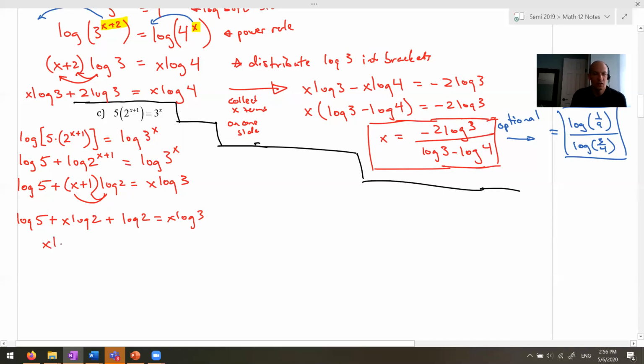So the left side will look like x log 2 minus x log 3, and then the right side will look like negative log 5 minus log 2. I'm kind of wishing I did it the other way, where I had the x values on the right, but whatever. Okay, now we just factor this thing out. So we factor out an x.